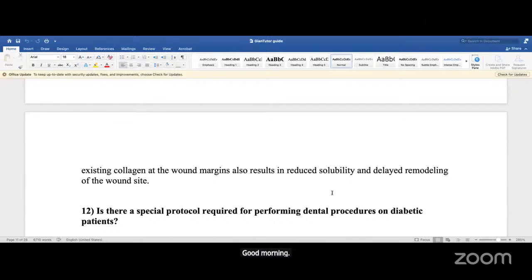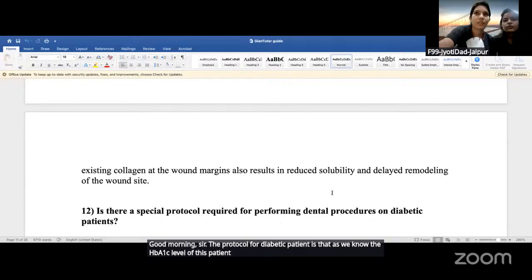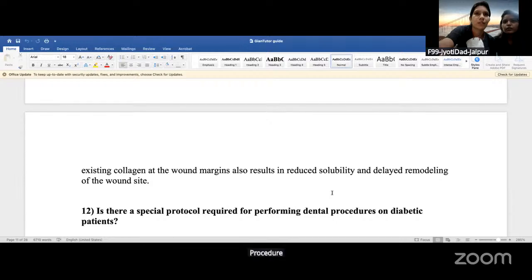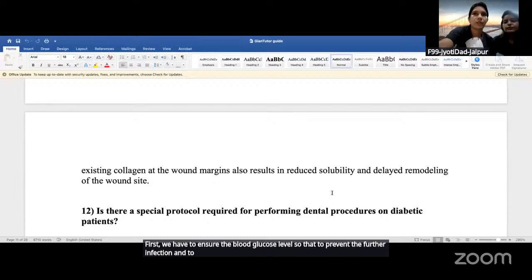The protocol for a diabetic patient is that, as we know, the HbA1c level of this patient is 11.1, which is more than 9. So in this case, we have to first postpone our surgical procedure. First, we have to control the blood glucose level to prevent further infection and to promote uneventful healing.